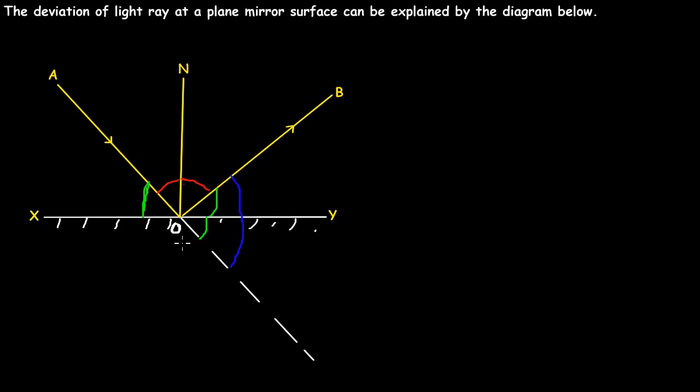Now, the angle of deviation is the angle between the path that the incident ray would have taken if it were not reflected and the path that the incident ray took when it was reflected.